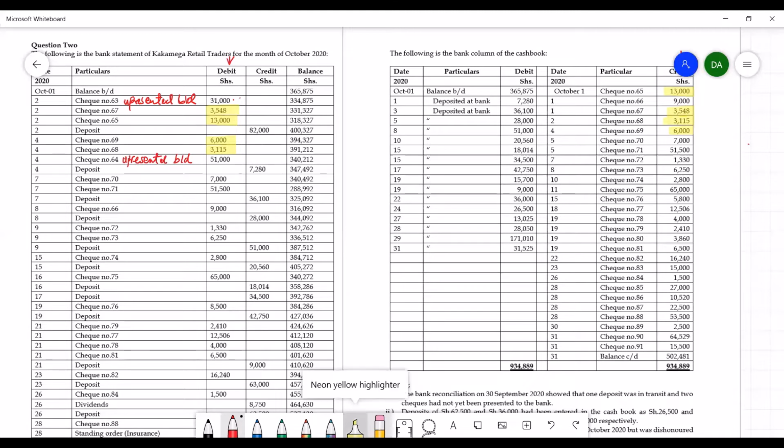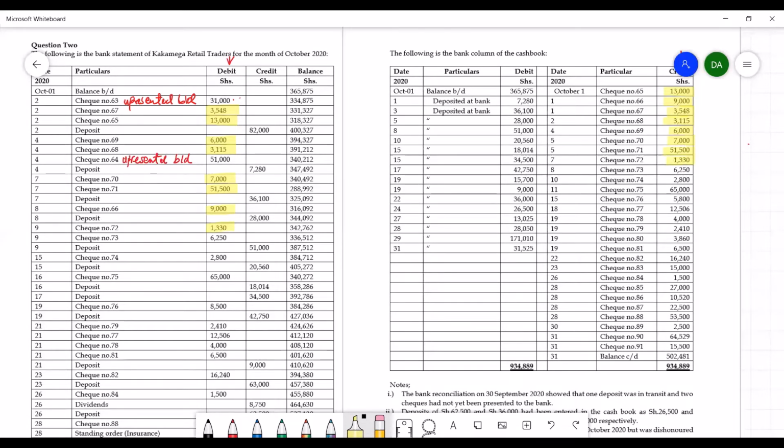Let us go to check number 70, and you can see here we have check number 70, also available here. Check number 71 is also available in both cases. That is followed by check number 66, which is available here, and also here. The next is check number 72, which is available here, and also here.